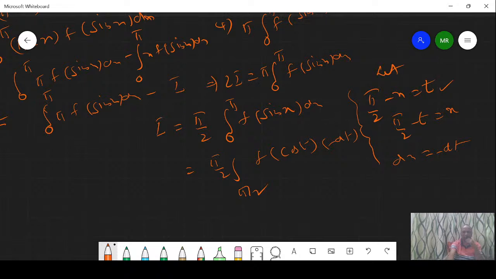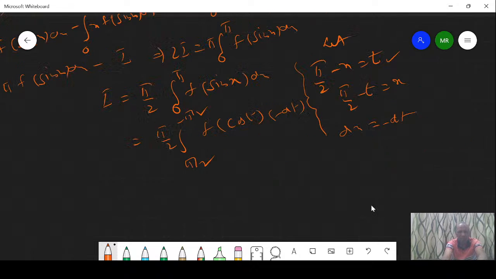Then when x equal to pi, it will be pi by 2 minus pi, which is minus pi by 2. Correct? You will get pi by 2 to minus pi by 2, f of cos t minus dt.